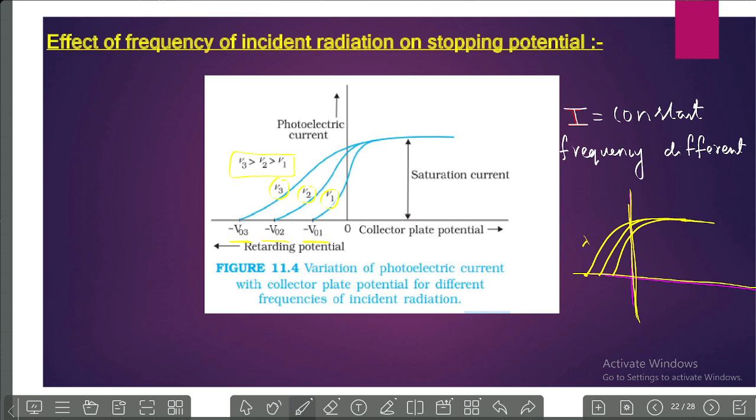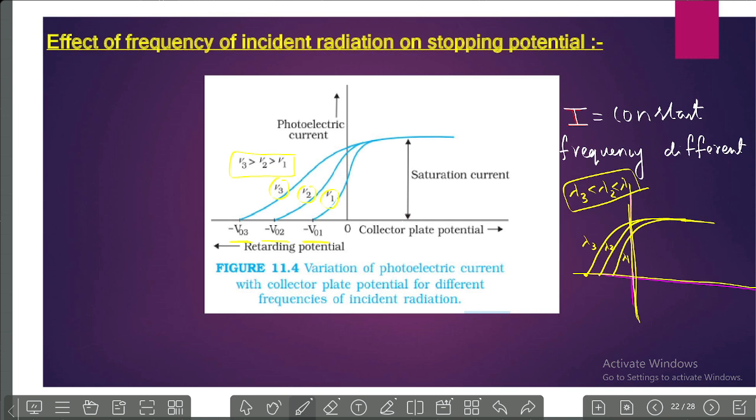Here you have lambda 3, here lambda 2, here lambda 1. You know frequency is inversely proportional to lambda. So here lambda 3 will be less than lambda 2, which is less than lambda 1. Understood? So if it is given in terms of lambda, you need not worry. As frequency is inversely proportional to lambda, nu 3 is greater than nu 2, and nu 2 is greater than nu 1, and lambda 3 is less than lambda 2, less than lambda 1.